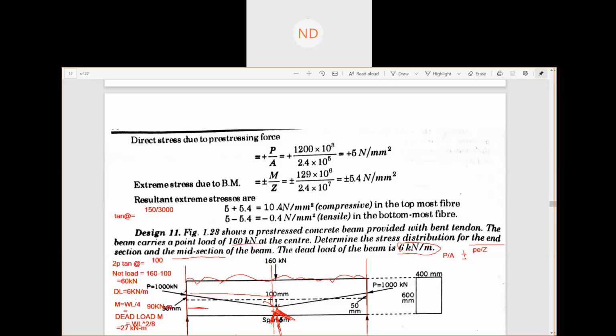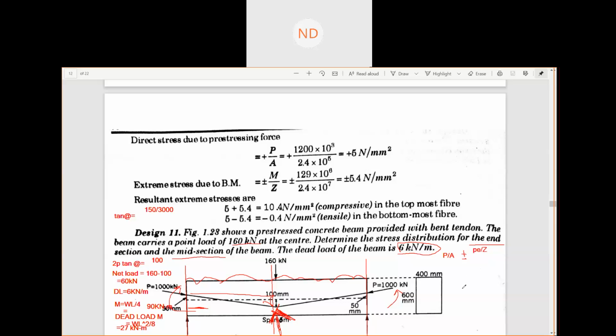But in this end section, our CG is at the center and our eccentricity is at the top. Yes or no? So our moment will act this way. So it is compression at the top and tension at the bottom. So it is PE by Z.